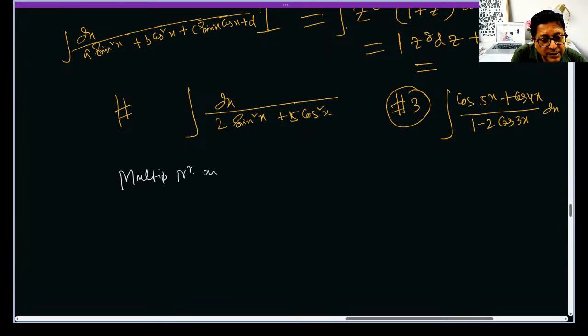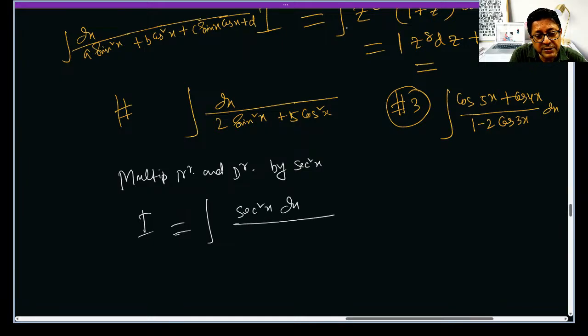Multiply numerator and denominator by sec square x. So the integrand changed to what? This divided by sin square by cos square, it will be 2 tan square x plus 5.